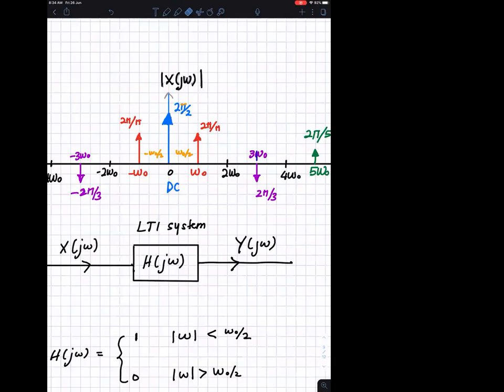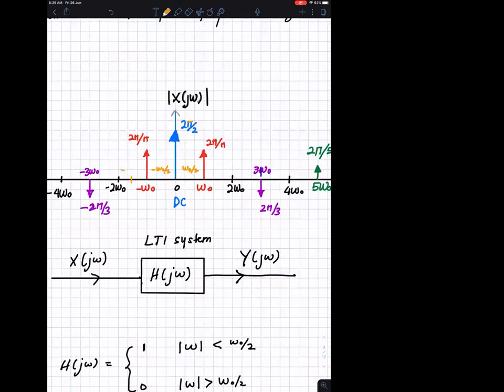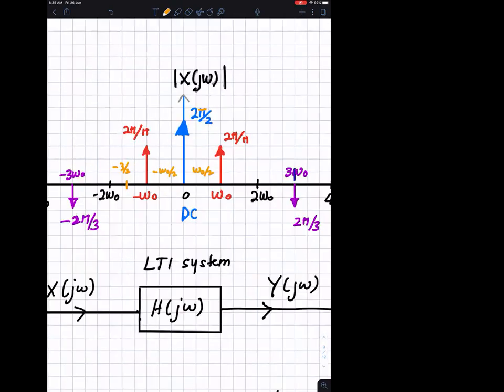Minus 1.5, or minus 3/2, and this is plus 3/2 omega naught. The filter is going to capture everything that's inside here.